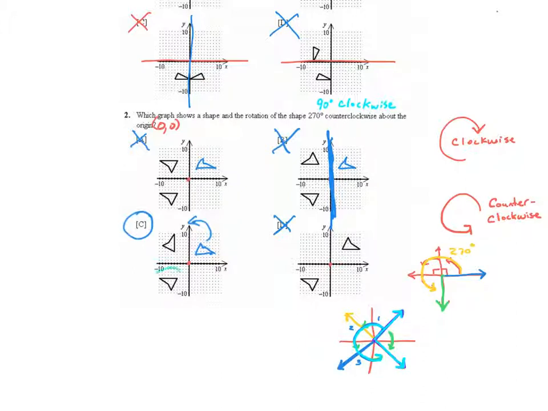We could then go back and look at each one of these figures in quadrant 3 that we said could be our figure that is rotated, and we could rotate them 90 degrees clockwise and see which one ends up congruent to the figure in quadrant 2, and that would again be answer choice C.